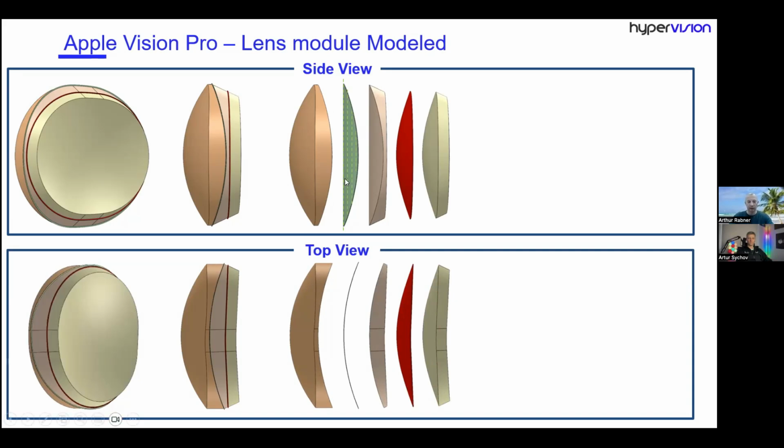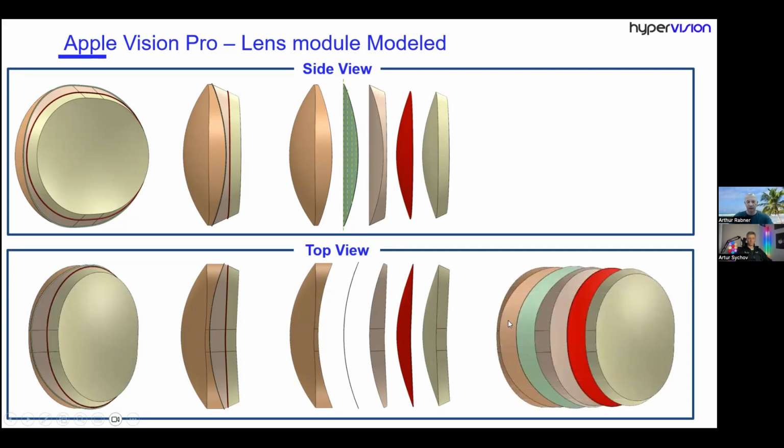But the retarder, the green one, cannot be laminated over an aspheric surface, and that's why the first lens is divided into two parts with a cylindric cut.